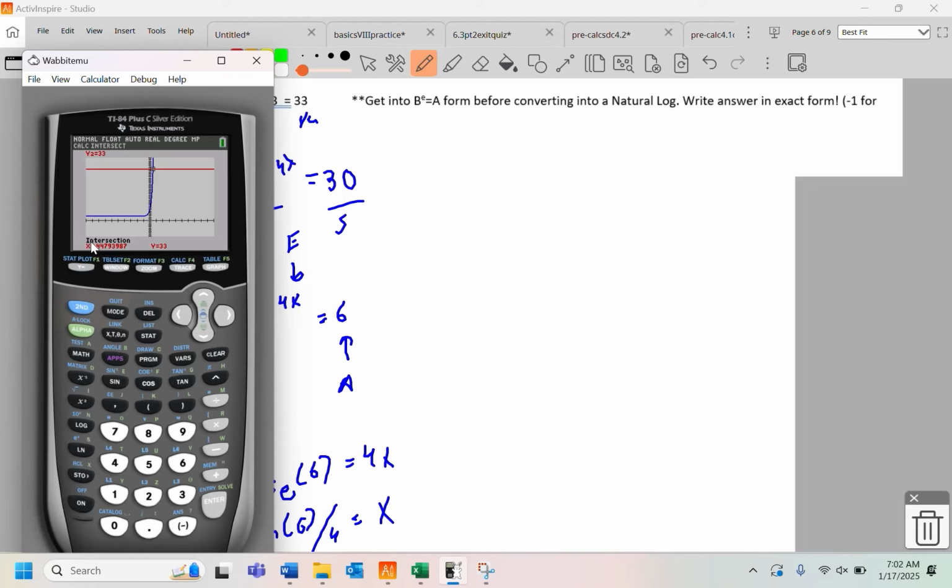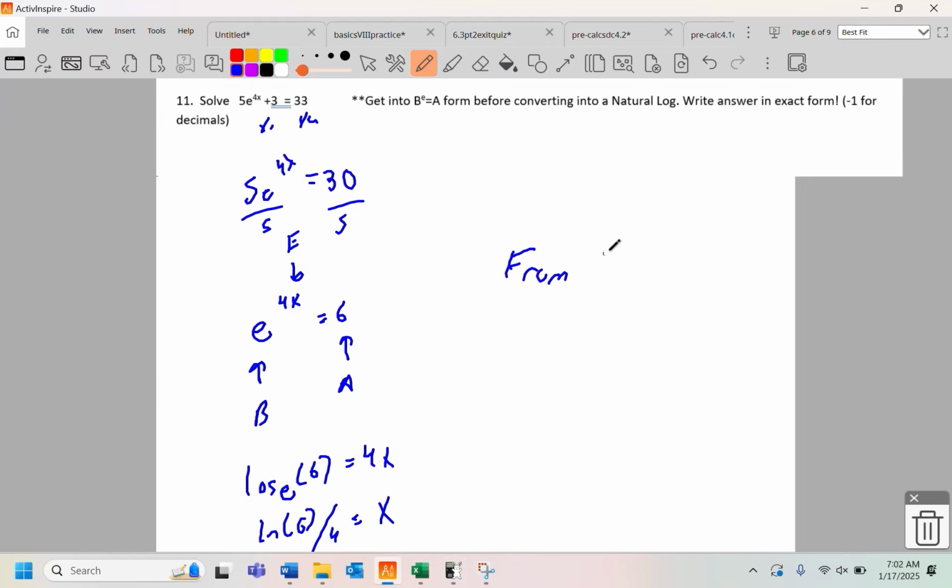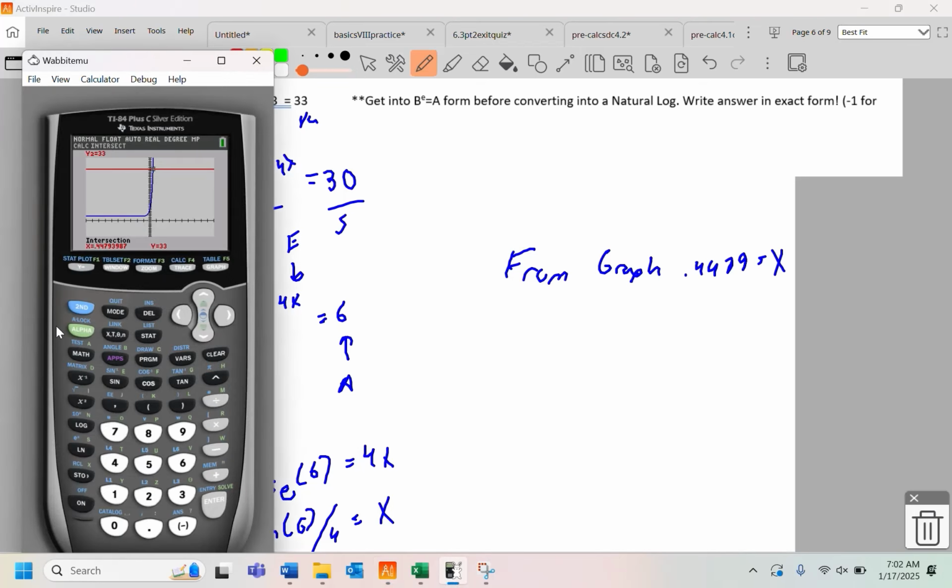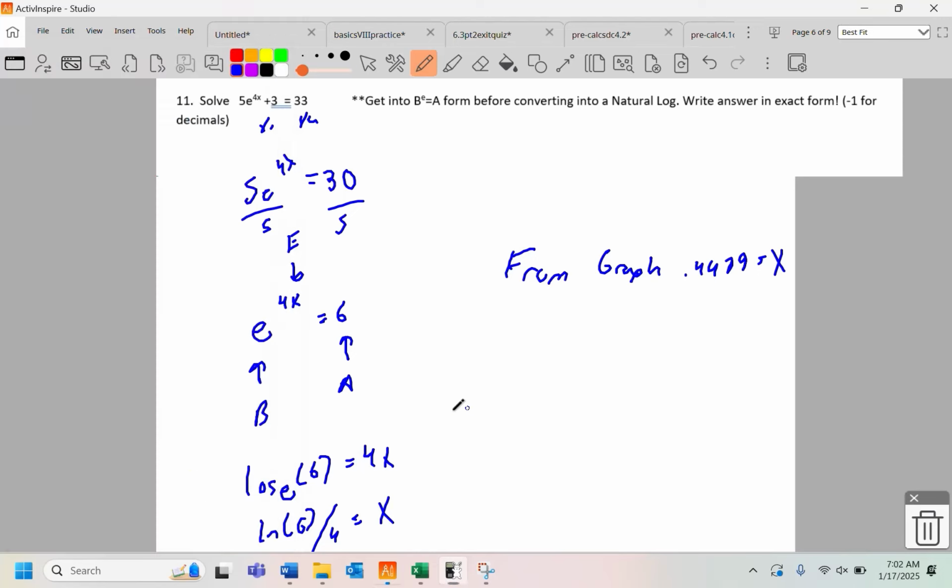So from the graph, I got 0.4479. That was my x value. Well, let's see what we have. I have ln 6 over 4. Notice the two match? That's why I was taking off points for decimals.